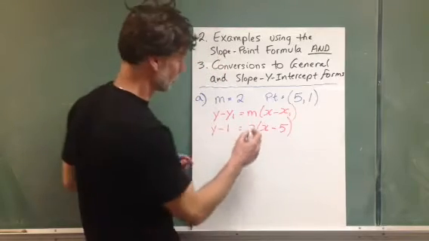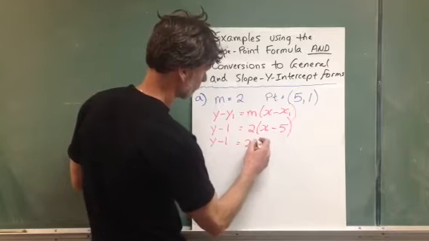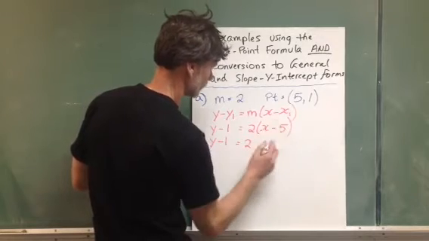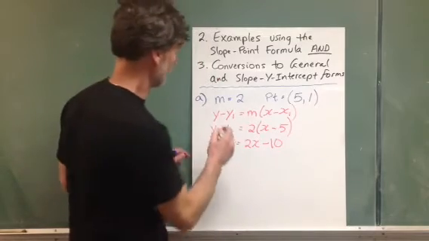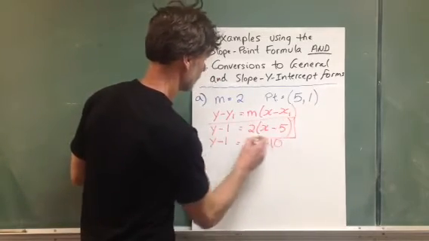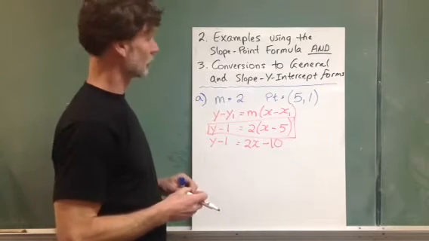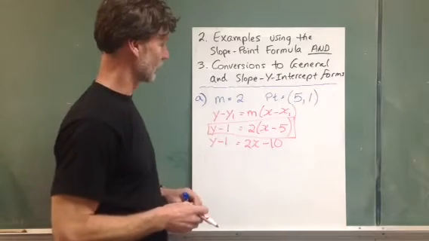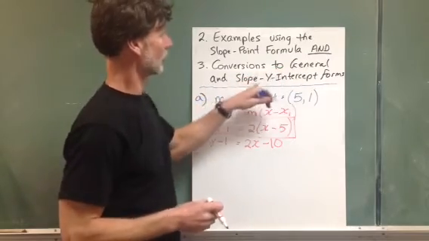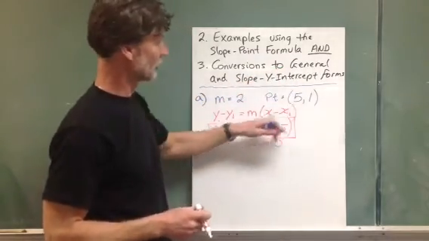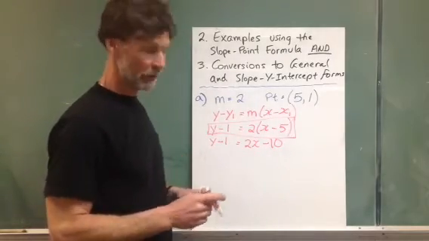Okay, now I do my distribution to get rid of the brackets. By the way, had they asked for the information to be left in slope point form, I could have left it like this. But in order to convert those to one of the other forms, general or slope Y-intercept form, I'm going to distribute or expand out the brackets, and then from here it's easy to do the conversion.